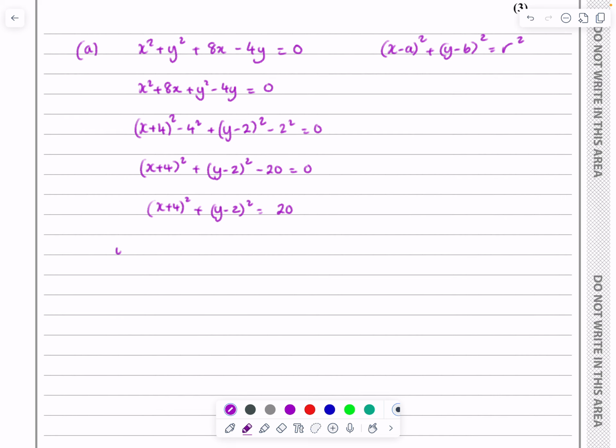So part 1, the centre of the circle is going to be minus 4, 2, following from the method up there. And the radius, well, r squared is equal to 20, so r is equal to root 20. So that's the answer to part A, parts 1 and 2.